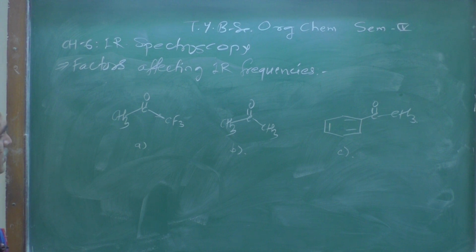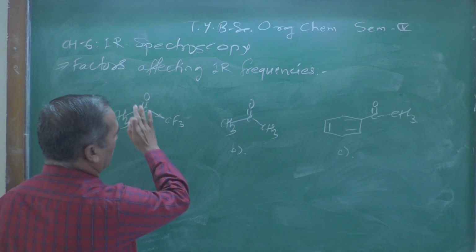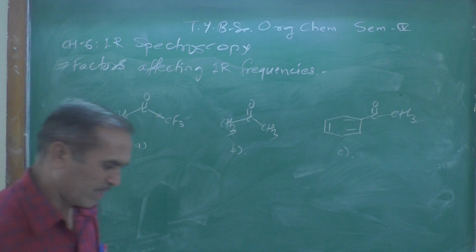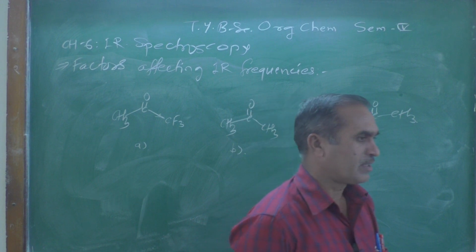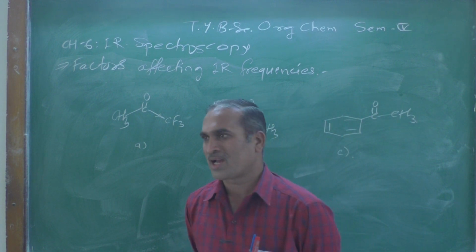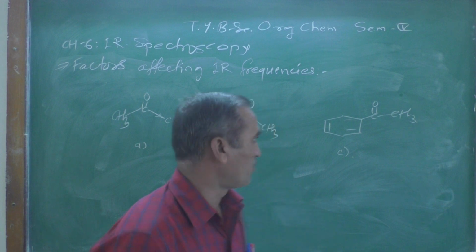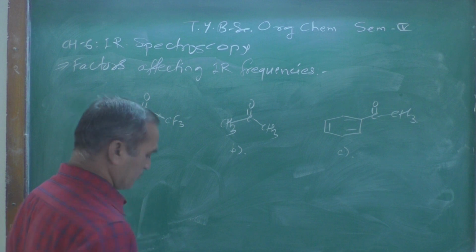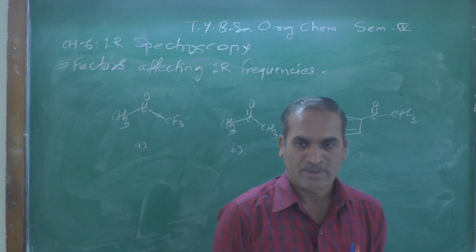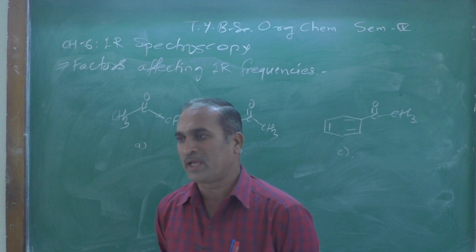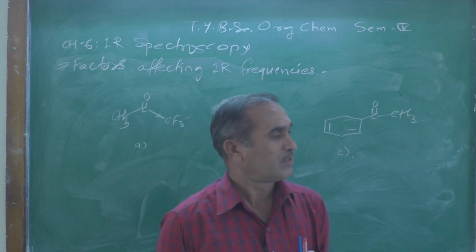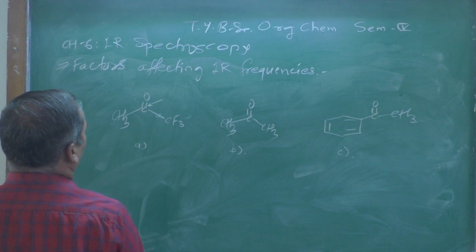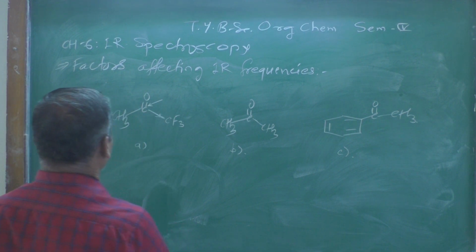Now look at here, the common group present in all these three structures is the carbonyl group, but each carbonyl group produces an IR absorption peak at a different position. Why are they showing different IR frequencies?